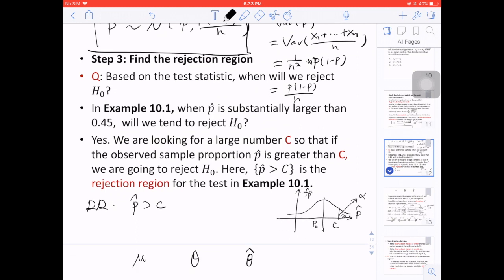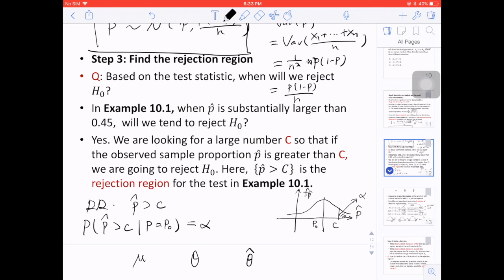We like to fix the probability of making a type 1 error to be a very small number, say alpha. We can write p hat is larger than c, which means you reject the null hypothesis, given the condition that the null hypothesis is true, so p is equal to p0, and this is equal to alpha.